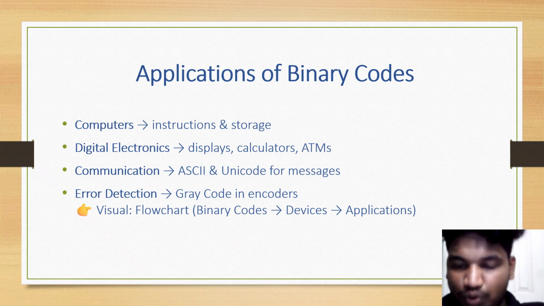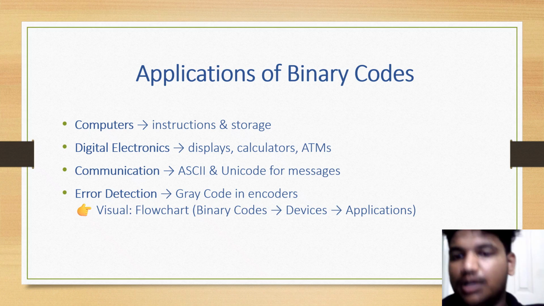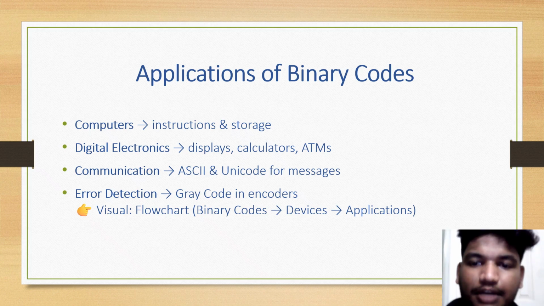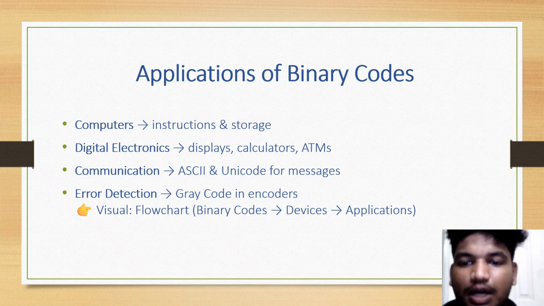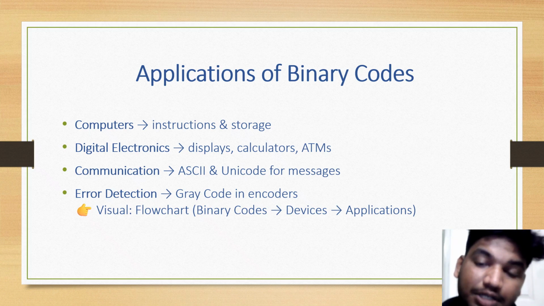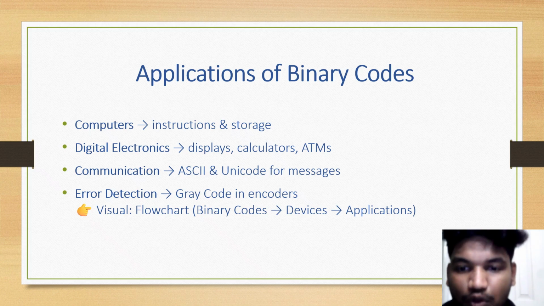The computer understands only binary language, so we use binary. Not only computers, many other machines use only binary, for example ATMs and calculators. If we use scientific calculators or normal calculators and enter any number, the binary code enters into it, the operations are done in binary, and the result is given to us in a normal way.